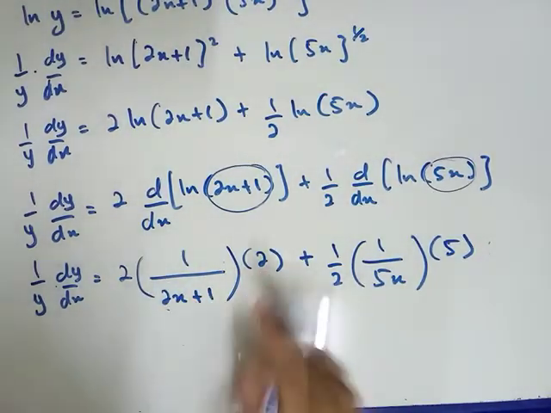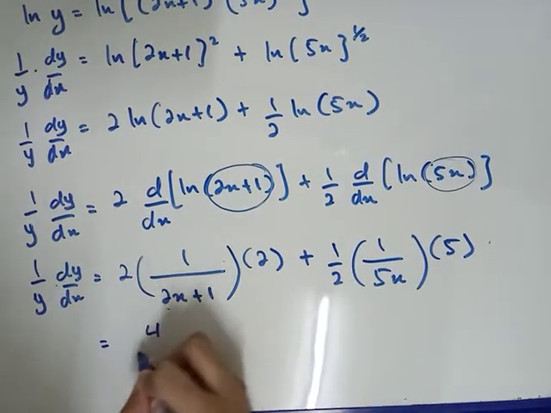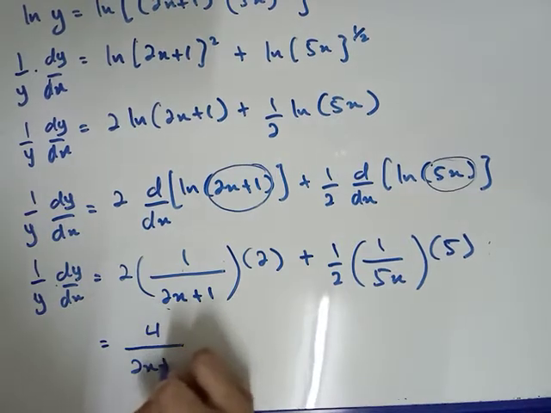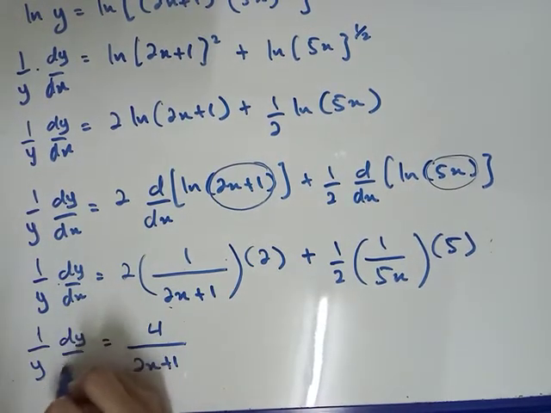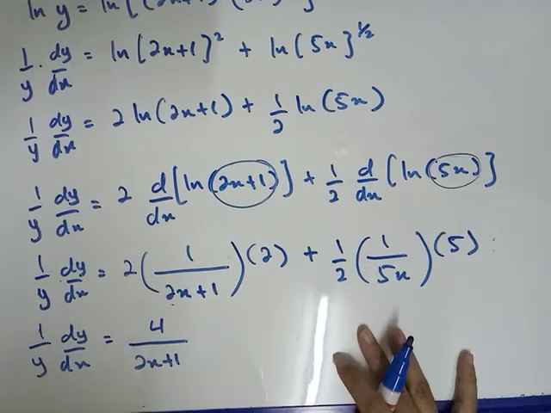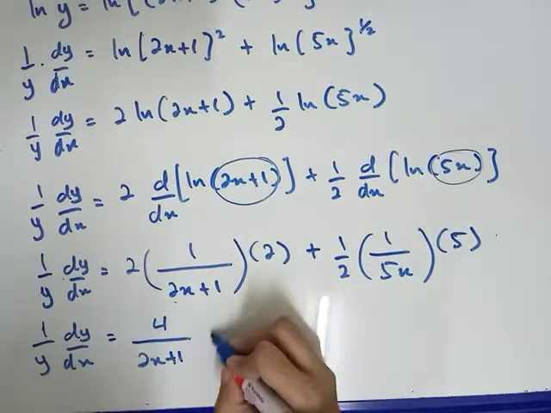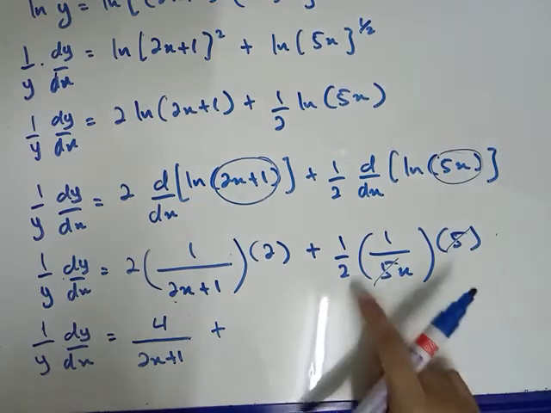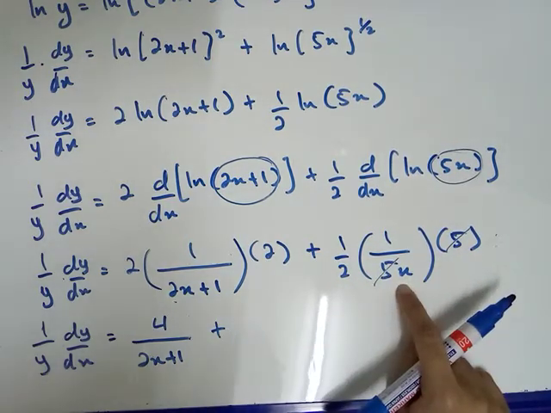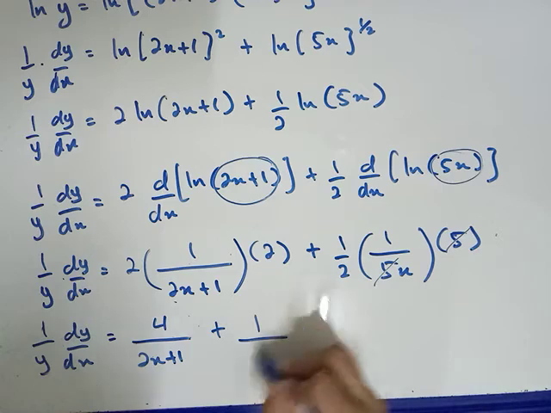And then 2 times 2, you get 4. 4 over 2x plus 1. This one awak kena kekalkan dia lagi, sentiasa tulis. And then this one, the 5 you can cancel out. So the rest is 2 times x, you get 2x. So 1 over 2x.